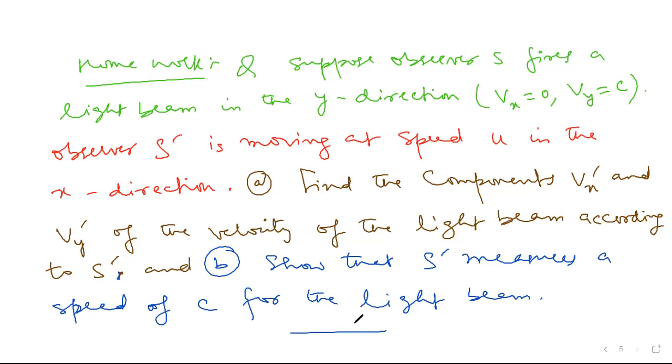Part A says find the components Vx prime and Vy prime of the velocity of the light beam according to S prime. And part B says show that S prime measures a speed of c for the light beam. This is your homework. Do your homework. Don't waste your time.